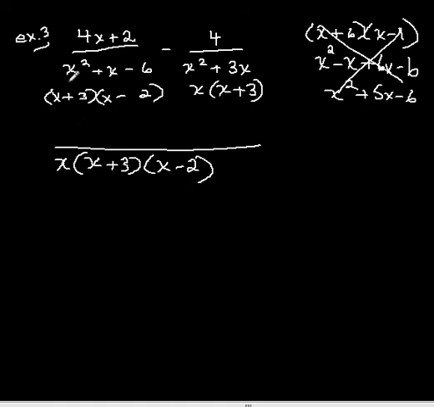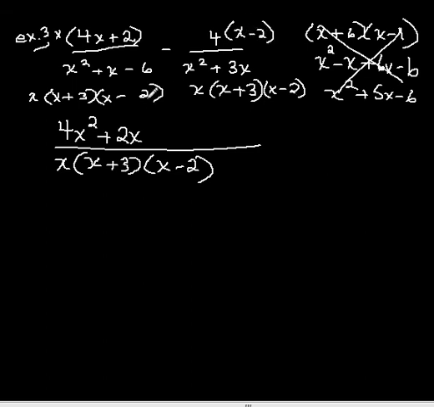Now this denominator is missing an x, so we take an x times the top and bottom. When you're taking it times a binomial, you need the parentheses because the x has to be times the 4x and the 2. So we're going to get 4x squared plus 2x. This one is missing the x minus 2, so the top and bottom by x minus 2.